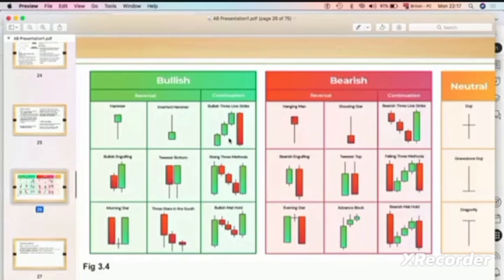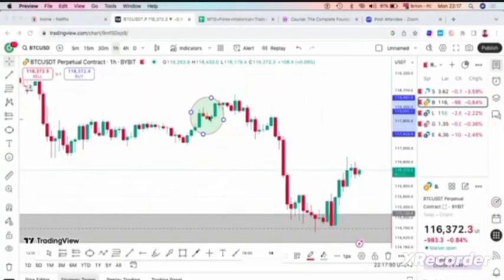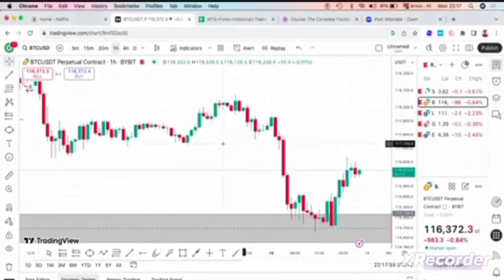So you see our rising three methods. These are actually not valid.